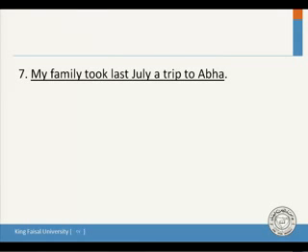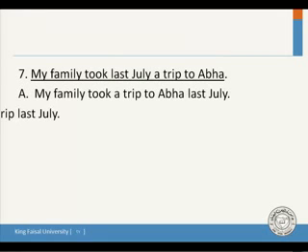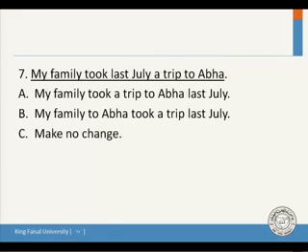My family took last July a trip to Abha. Now the whole sentence is incorrect. The order of words in the sentence is incorrect. Look at the options. My family took a trip to Abha last July. Or my family to Abha took a trip last July. What do you think? Subject. Where is the subject?